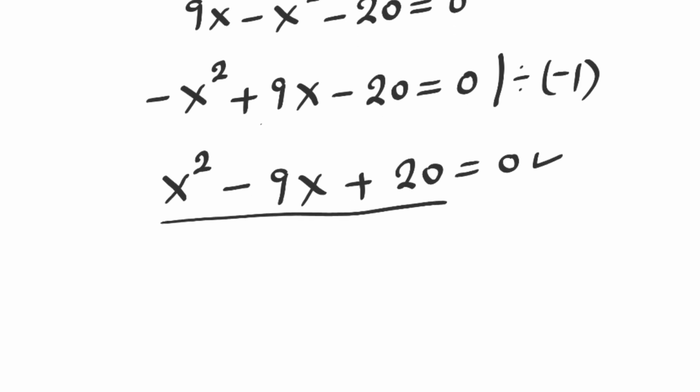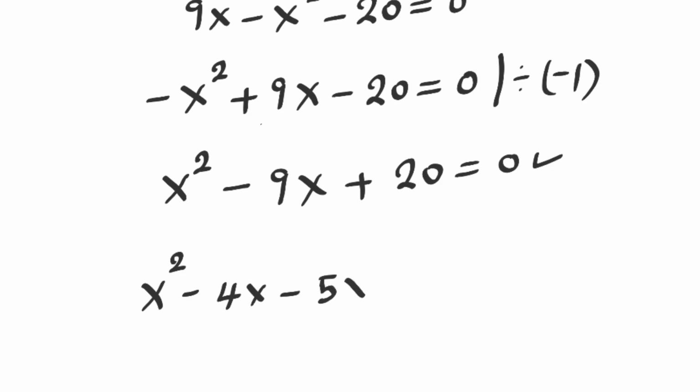The whole of this can be written as x squared minus 4x minus 5x plus 20 is equal to 0.